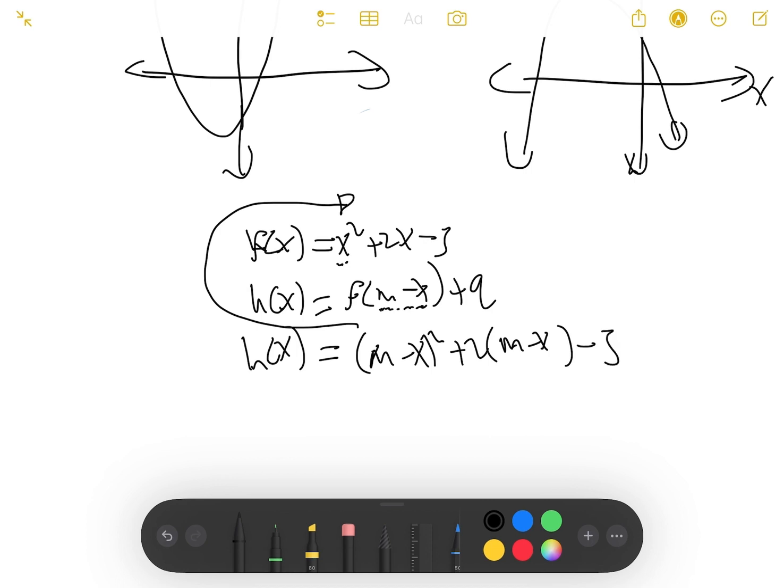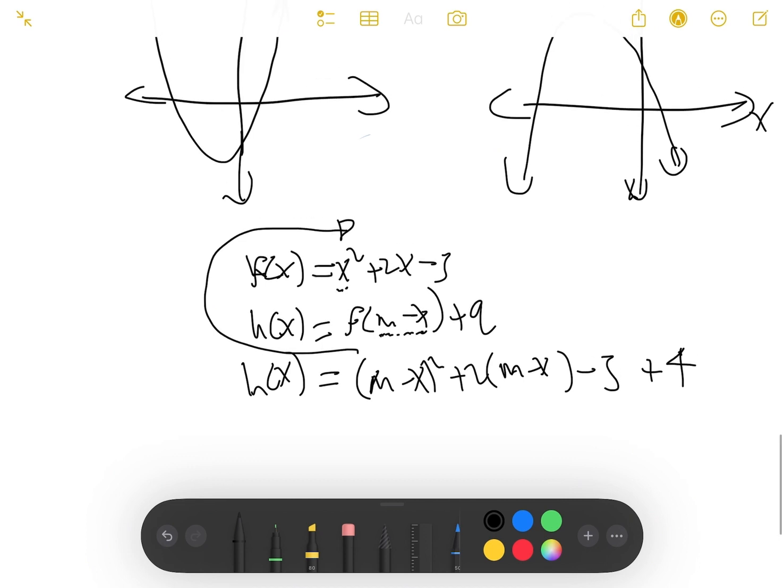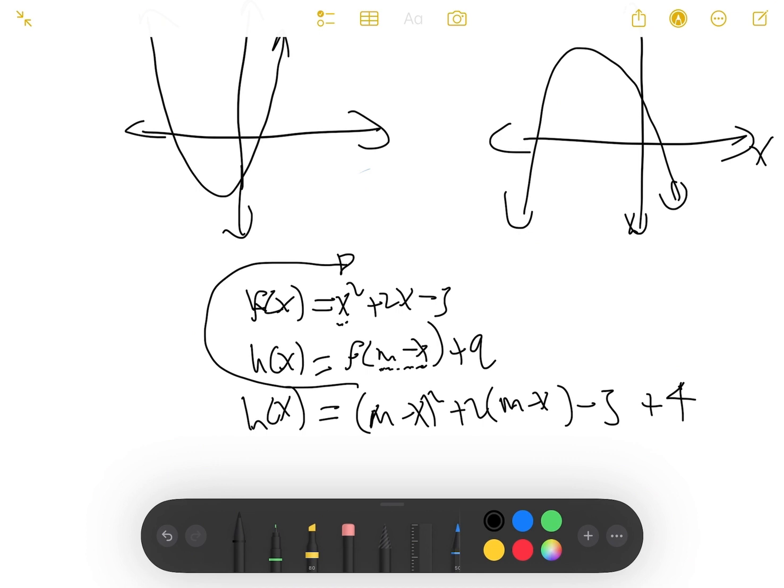And then at the end, remember we have plus q, which is 4. Because even using this other mathematical method, we know that our q is 4, given that for it to move from this level all the way up to the origin, it will have to have moved by 4 points.